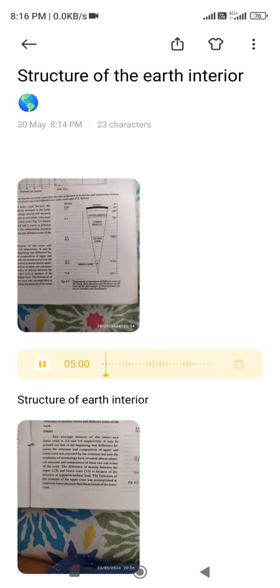Today I am going to give you some information about the Earth's interior. I pasted some clippings of the structures of Earth's interior, which is very important.